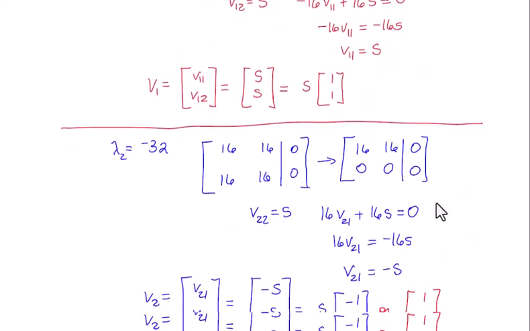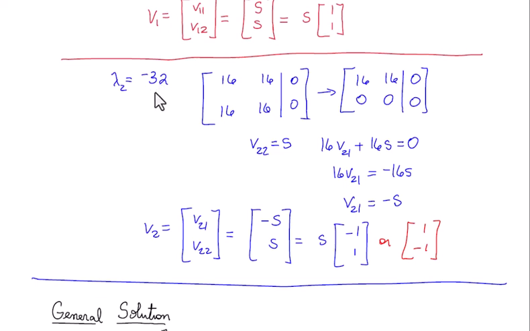All right, if I plug in the other one, which is minus 32, I get 16, 16, 16, 16 in zeros. I can multiply the top row by minus 1 and add, and so I do get a whole row of zeros.